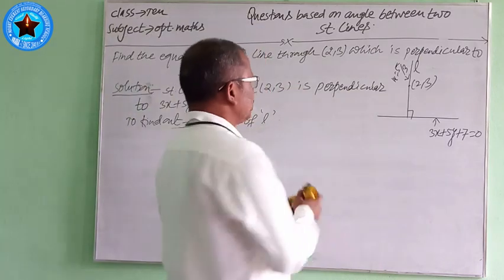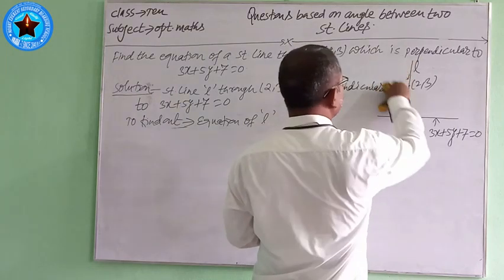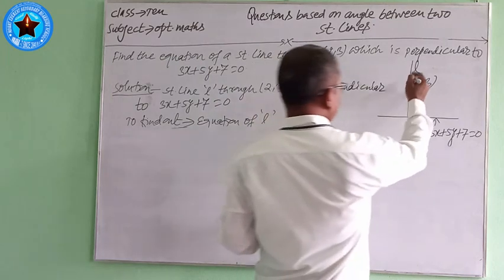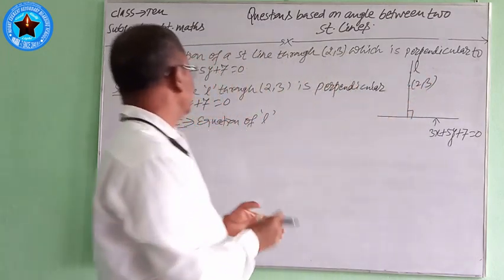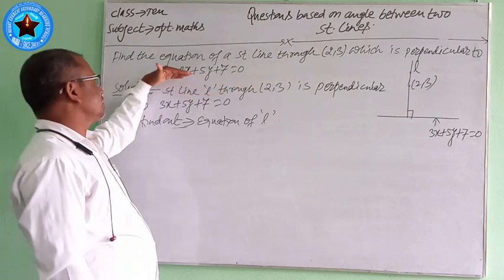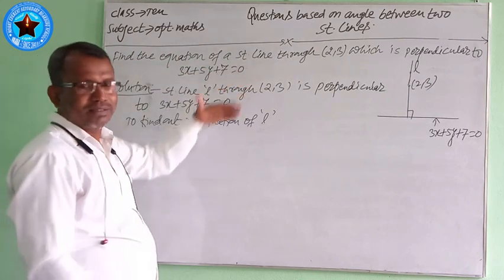Now, for the alternative process, we don't need slope. No slope is required. Here, the equation is 3x plus 5y plus 7, on the pattern of ax plus by plus c.